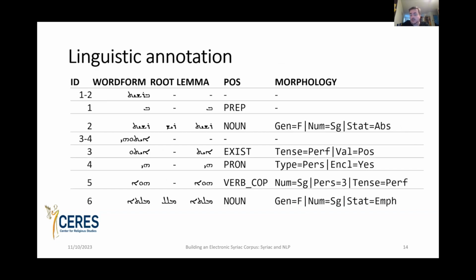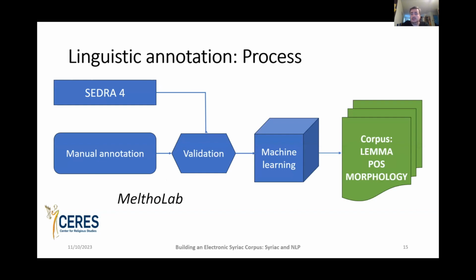And how do we get there? Well, the process we have envisioned so far looks like this. We'll start with manual annotation, of which we already have some from Cedra, which will then proceed to a validation step where we hope to unify both of them. We don't know yet how much of the manual annotation we will have, but we're targeting, I think, some 40,000 words, hopefully much more.